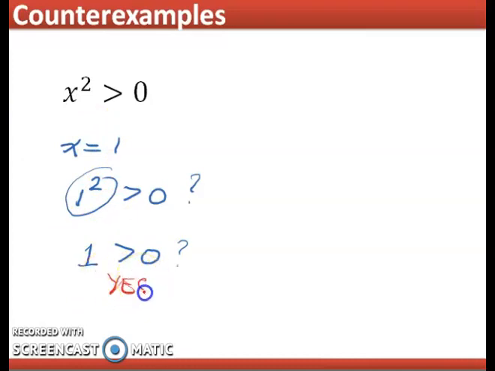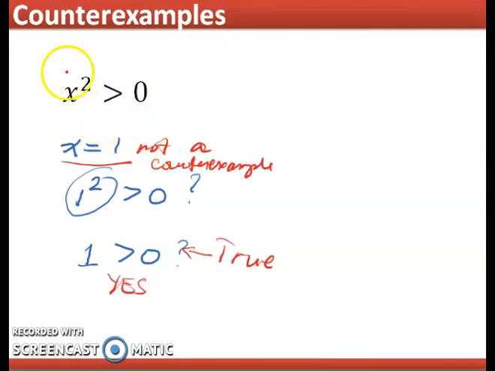Yes, correct? Therefore, this is a true statement. So 1 here is not a counterexample, because the statement became true if you substitute x equal to 1 here.